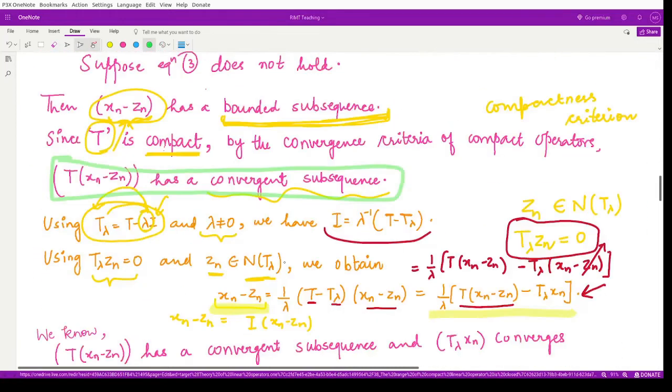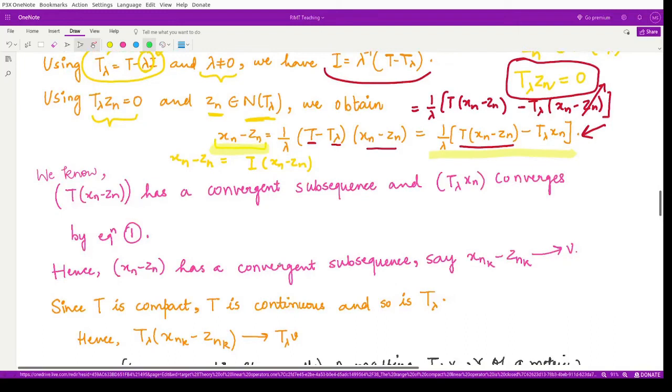So let's go back. T of xn minus Zn, we are saying this has a convergent subsequence, one thing. Another thing, T lambda of xn converges using the above result. So therefore, because both of them have a convergent subsequence, the sequence xn minus Zn has a convergent subsequence.